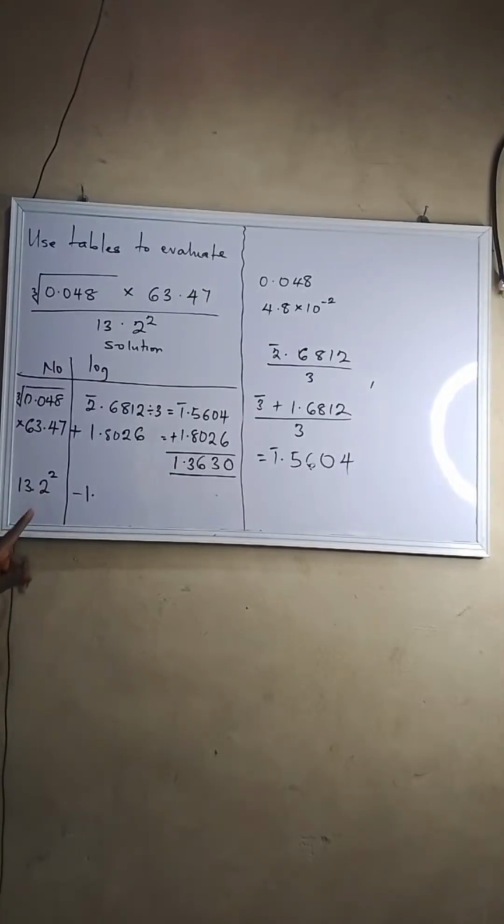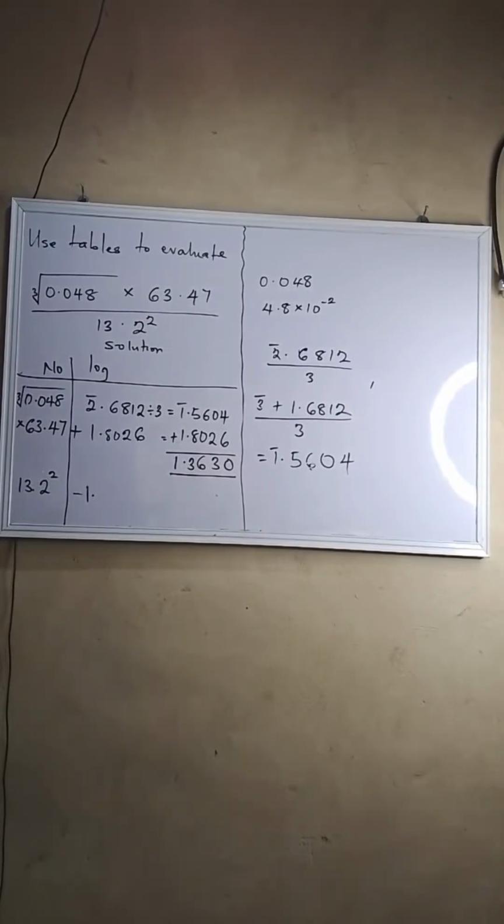So you check log of 13.2. Before I give you the answer, I want you to tell me in the comment section what that will be. What is log of 13.2?